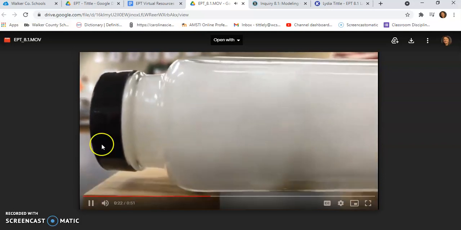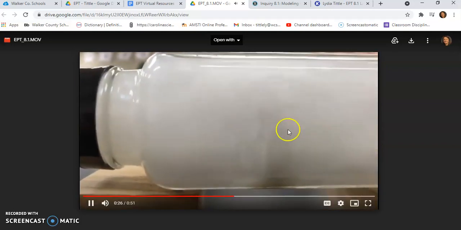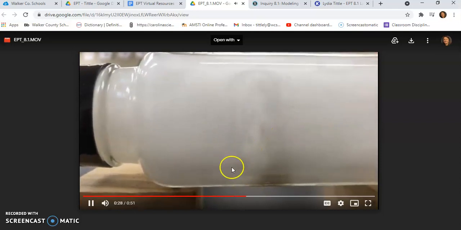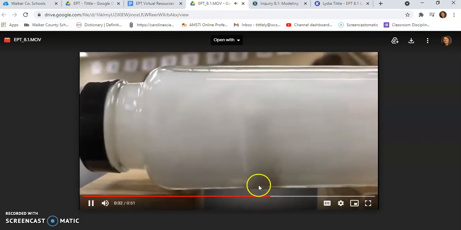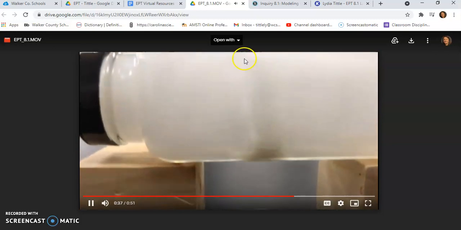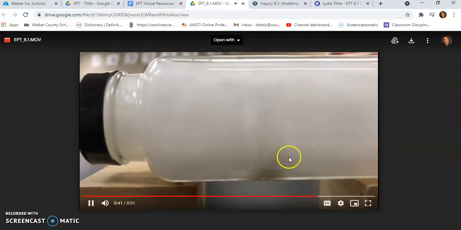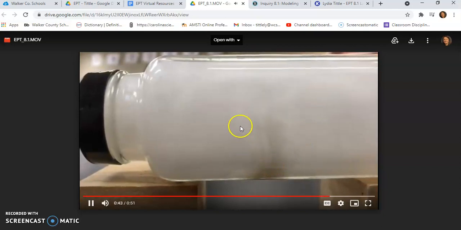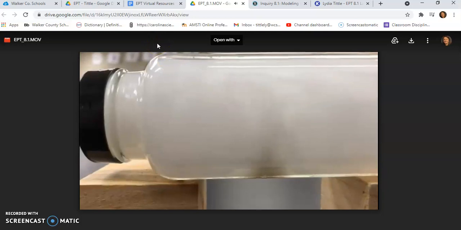Okay, and you can already see inside some of the movement of the material. You see kind of the white cloudiness moving around. The heated part that's heating up rises, and then the cooler parts sink down, the warmer parts rise up. And you can start to see that taking place there.